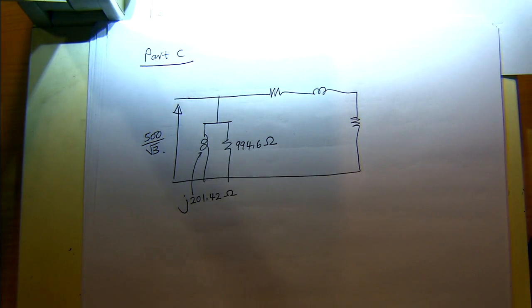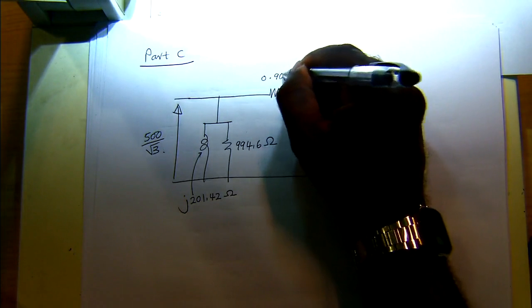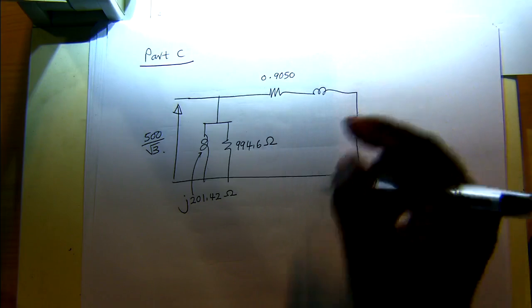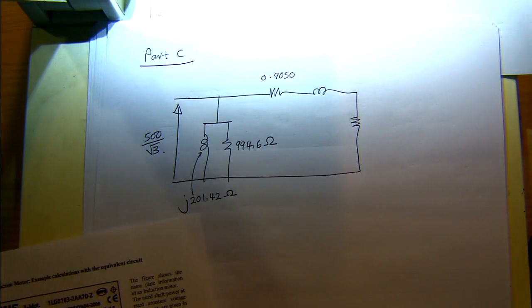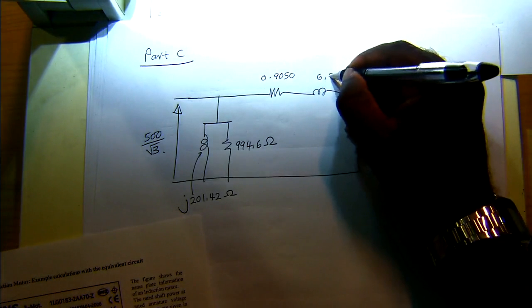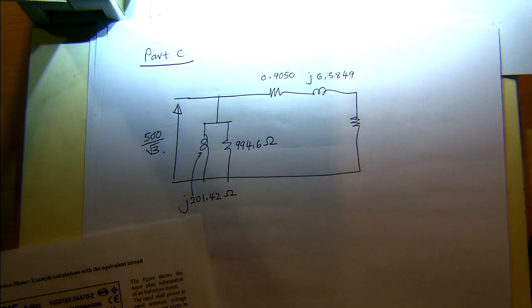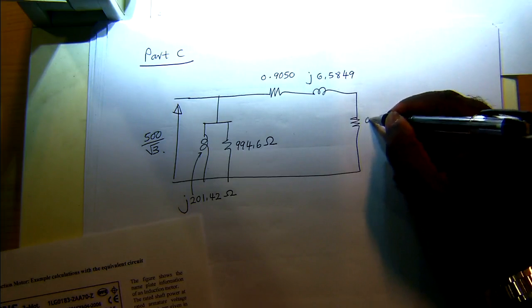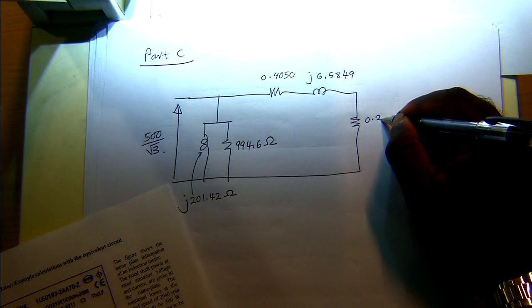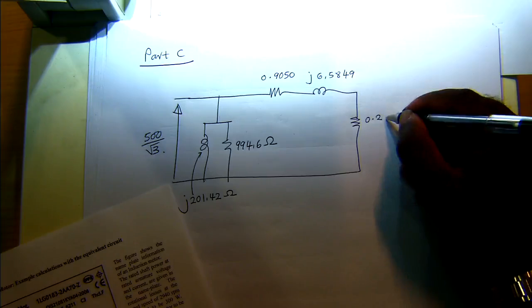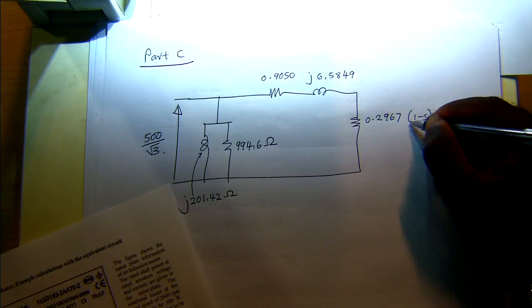And R1 plus R2, we found to be 0.9050, and X2 we found to be 6.5849 ohm reactance, and this is 0.2967 times (1 minus S) over S.